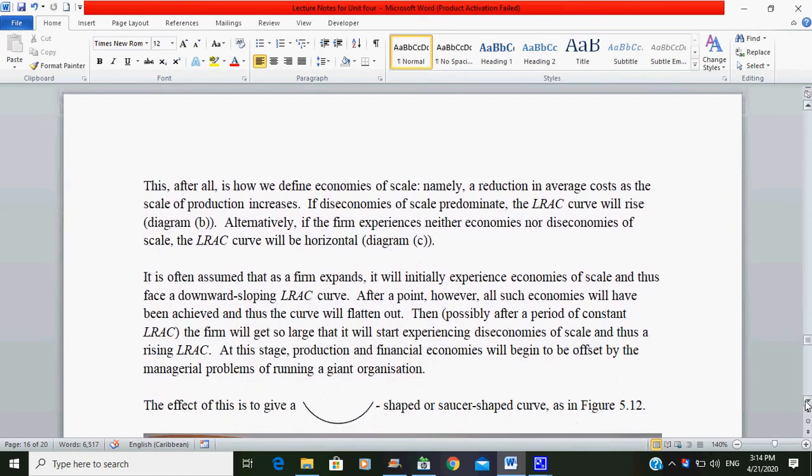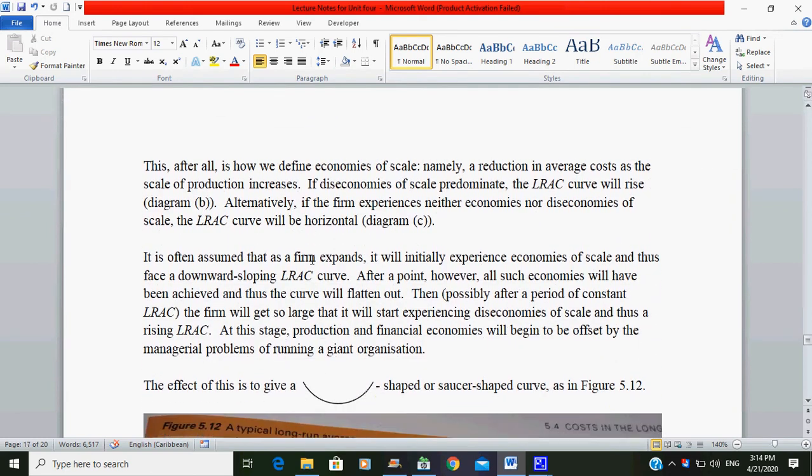It is often assumed that as a firm expands, it will initially experience economies of scale and thus face a downward sloping long run average cost curve. After a point, however, all such economies will have been achieved and thus the curve will what? Flatten out.